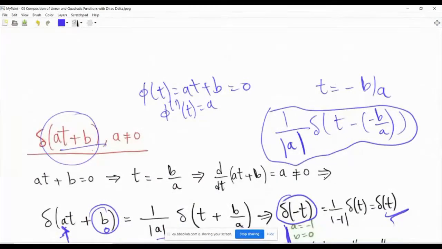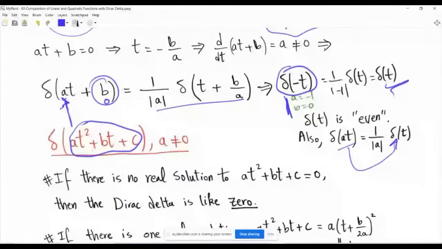The linear function is guaranteed to cross the horizontal line at one point. The quadratic function, you may have a parabola that looks like this. It may not have real roots, right? This equation here may not have a solution on the set of real numbers.